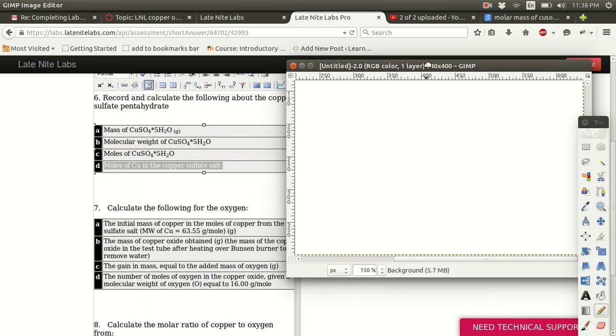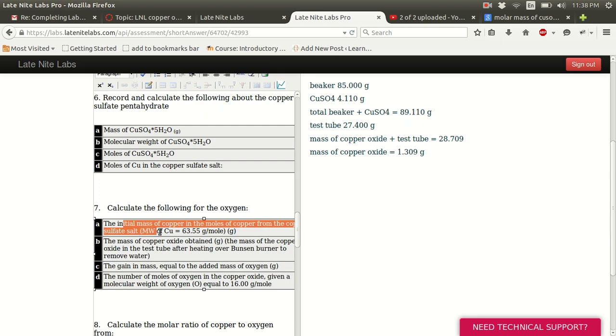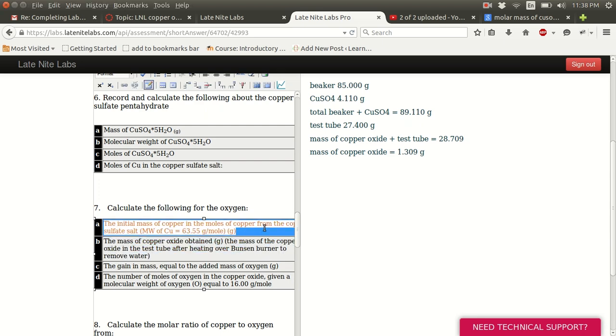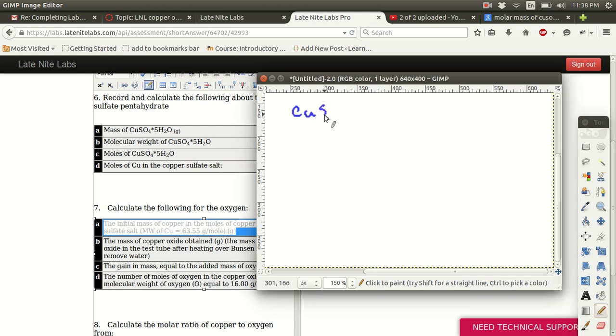Okay, now the initial mass of copper in the moles of copper from the copper 2 sulfate. Now, that is not something that you took as data. They're asking, okay, in experiment 2, you added this to the test tube.